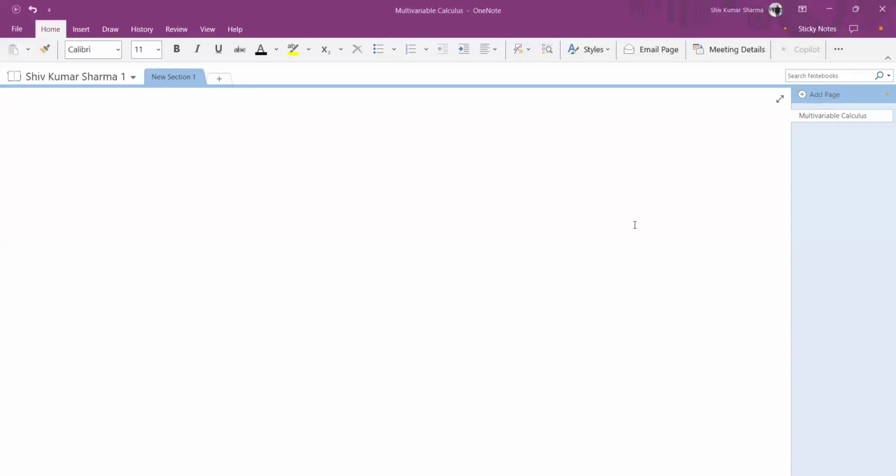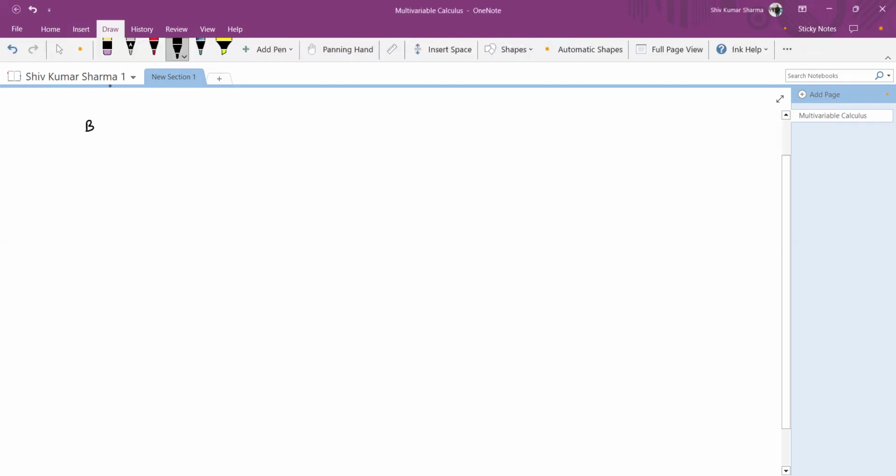Okay. Today we will discuss the beta function. So we start with the definition of beta function.